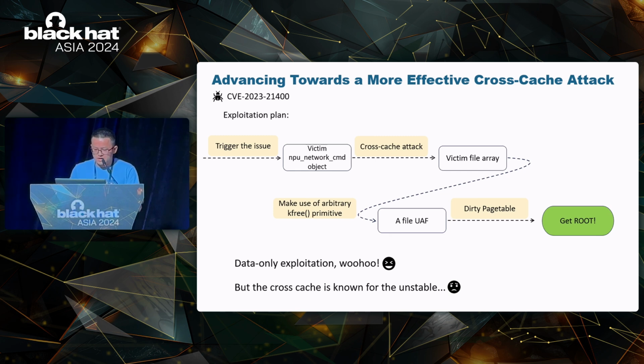For this file UAF, we use DirtyPagetable to exploit it and get root. This whole exploitation is data only. However, we rely on cross-cache so heavily, which requires us to perform cross-cache attack stably to get a reliable exploit.